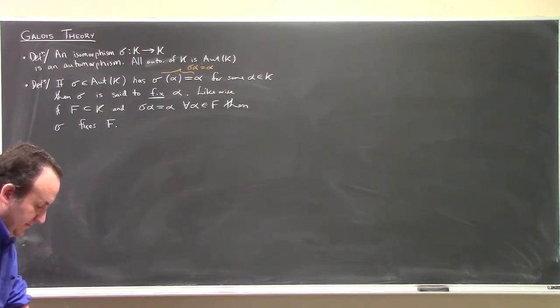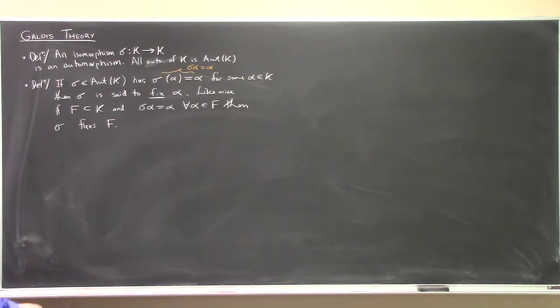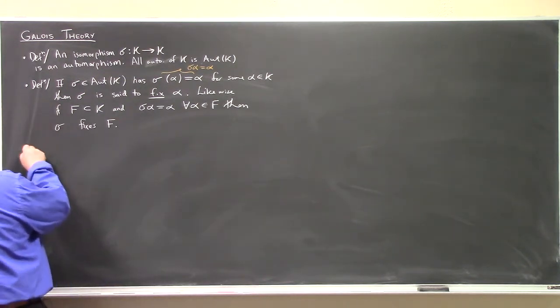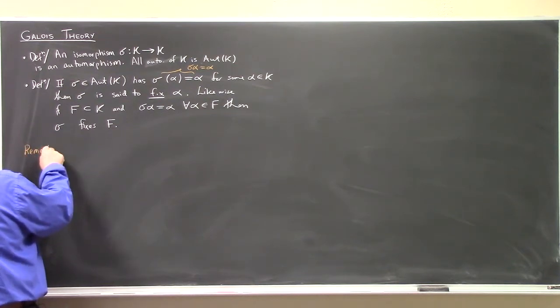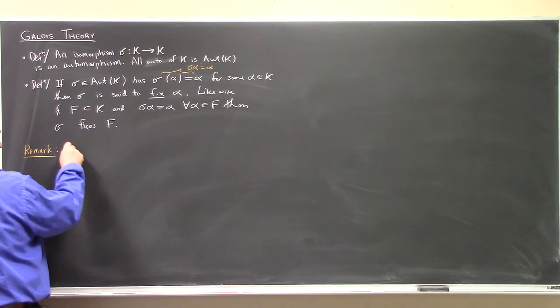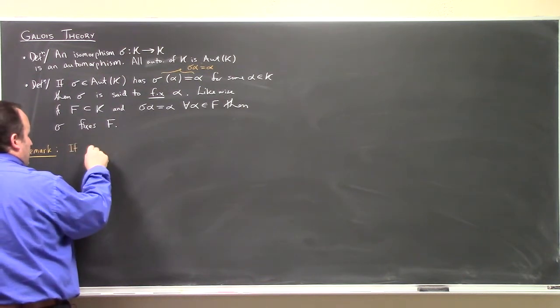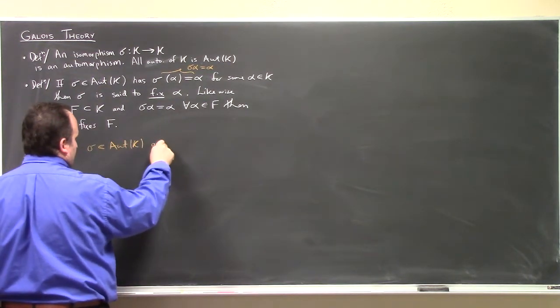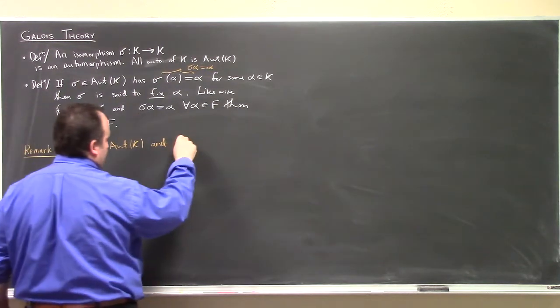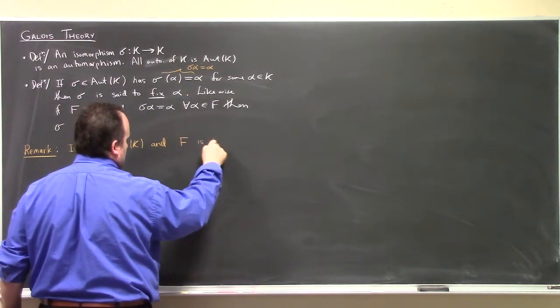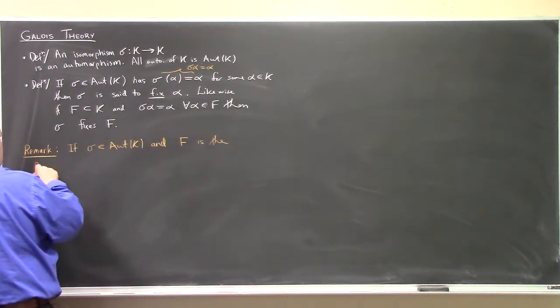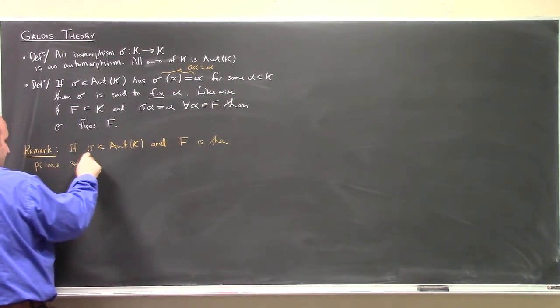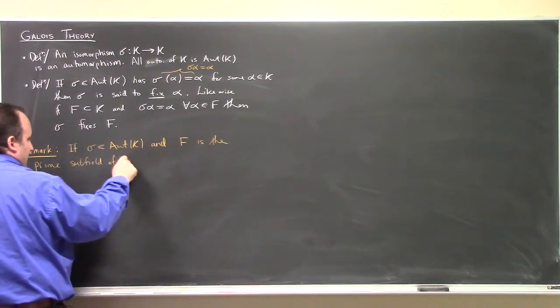Let's see here. He also mentions the prime field of K is generated by 1, right? And so let's think through this. So if sigma is an automorphism of K, and let's say F is the prime subfield of K. What's that mean?